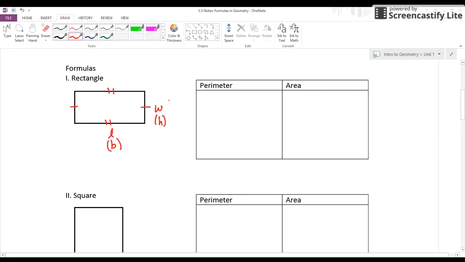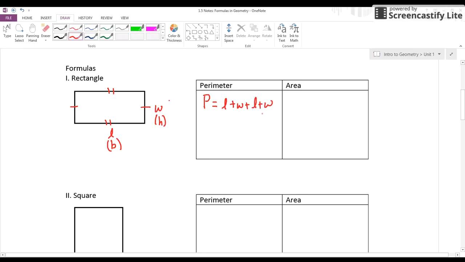Length, width, base, height, all going to be the same because when we deal with perimeter and area, what matters is looking at the different measurements, the different side lengths here. So perimeter of a rectangle, again, you just add up all 4 sides. I'm using capital P here for perimeter, we just basically add length plus width plus length plus width.